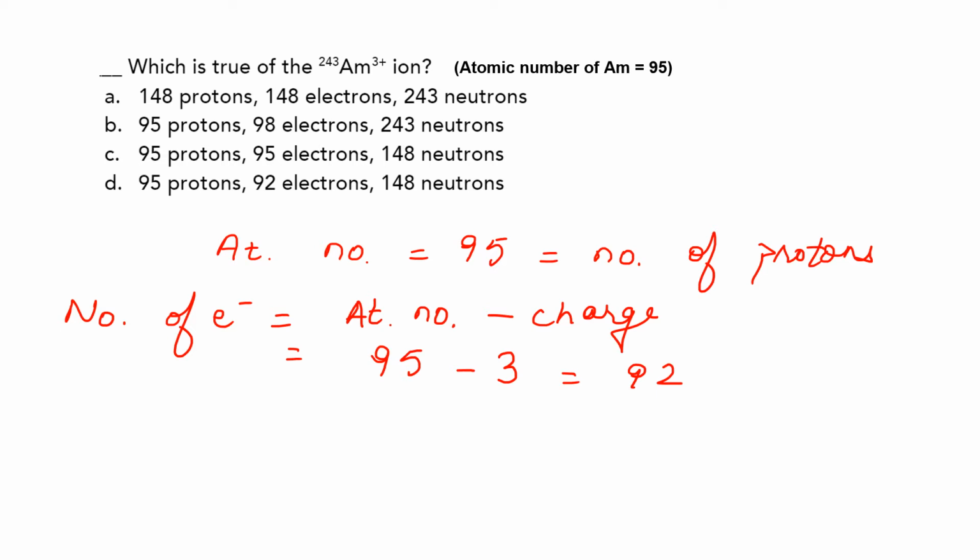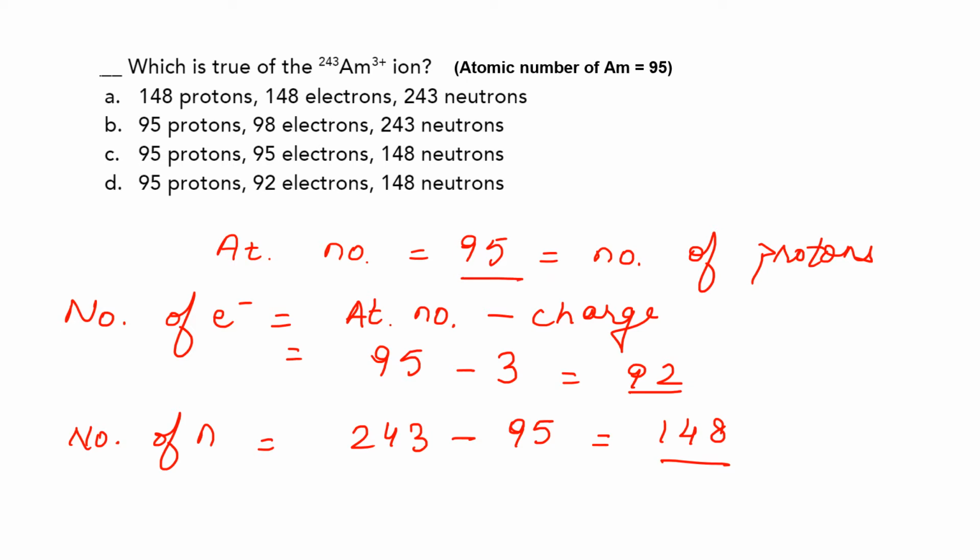To calculate the number of neutrons, we take the mass number, 243, minus the number of protons, 95, which gives 148. So we know the numbers of neutrons, electrons and protons. The correct option is D: 95 protons, 92 electrons, and 148 neutrons.